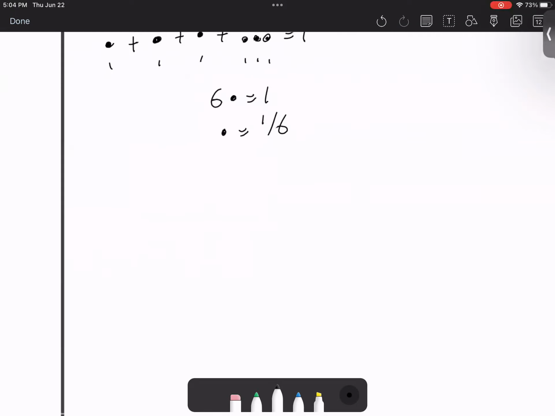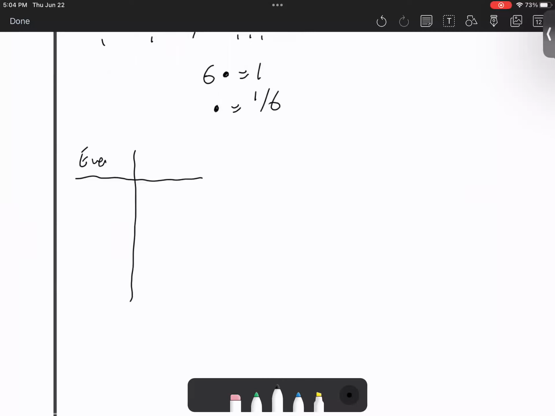So our probability distribution, let's give it as a table and as a histogram. So what are the events possible? We've already discussed them. When you roll a die once, you're going to get a 1, a 2, a 3, or a 4. And then what are the probabilities?